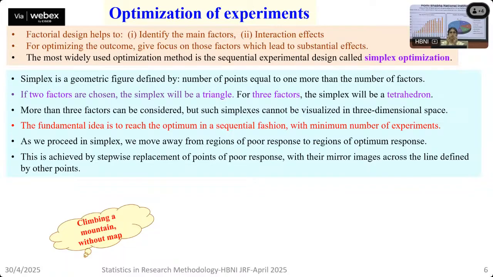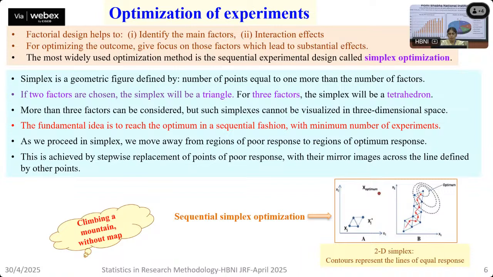For example, if I have 2 factors, flame height and fuel ratio, we will have a simplex, the same example we will see, and the output will be shown. Wherever you get a lower output, you eliminate. It will be like this.